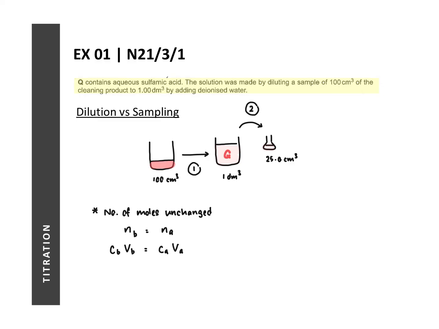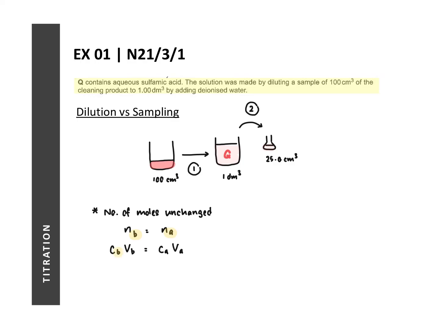So with that in mind, the number of moles of acid before dilution is equal to the number of moles of acid after dilution. And once again, when we look at solutions, number of moles is equivalent to concentration times volume.